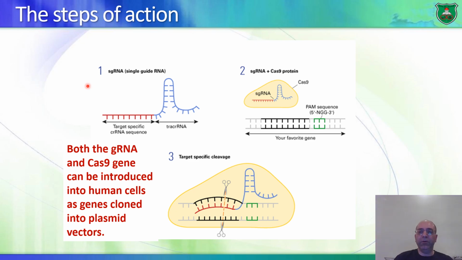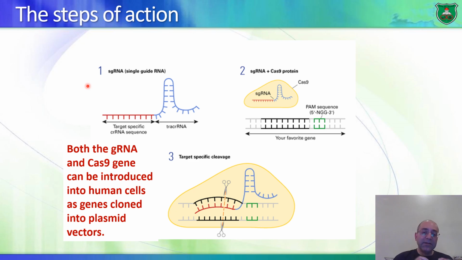Here's one for you. So what the cell does when the homology-directed repair system is activated, you have the Cas9 taken to the chromosome that we want to damage. It damages the chromosome at a certain place, and you have the activation of the homology-directed repair system.